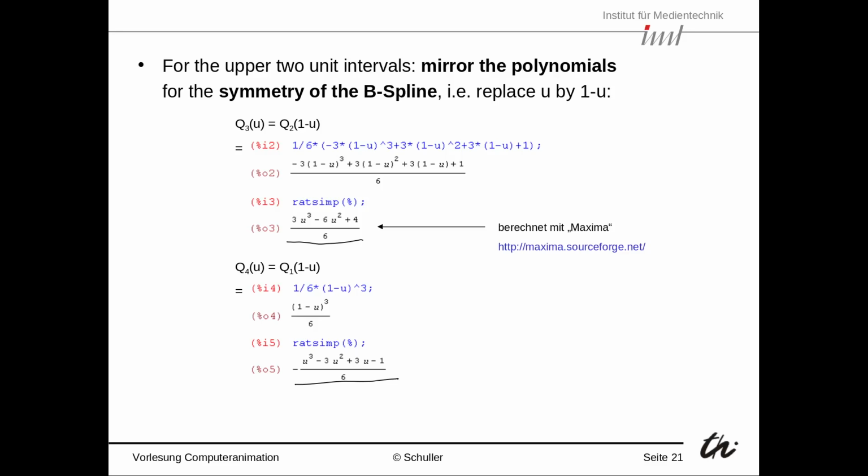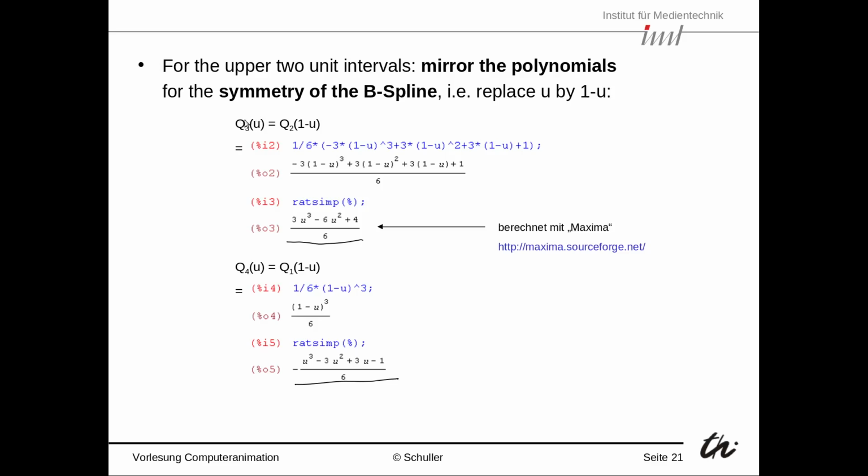Yeah, and basically we could do the same for the last two intervals, but since we know we have a symmetric shape, we can take advantage of it and just mirror the first two polynomials by replacing the helper variable u by 1 minus u. So this basically means we go backwards and mirror it in this way.